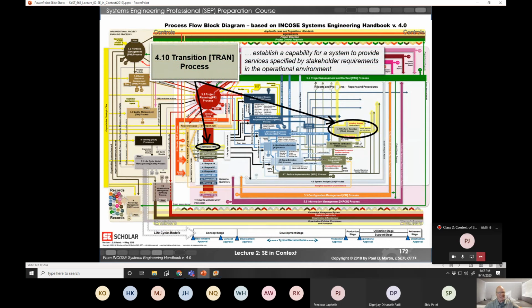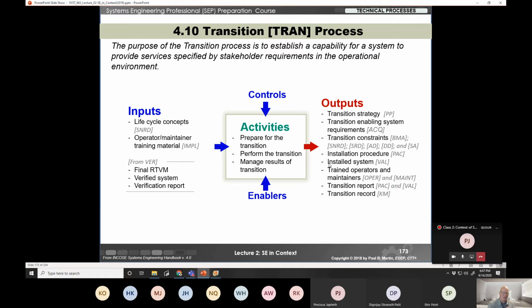All right. So out of that, you now get to the point where you actually transition it. In other words, you take the system that you said you would build for someone and you put it into the operational environment. You take it, pack it up, and put it into the environment that the user's expecting.